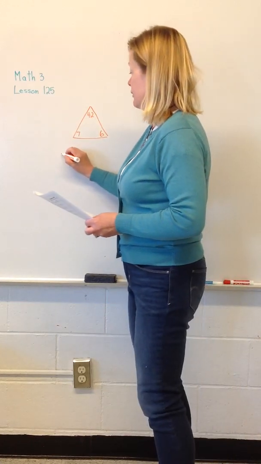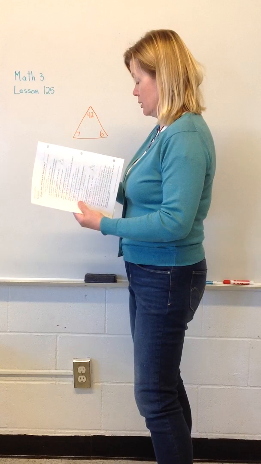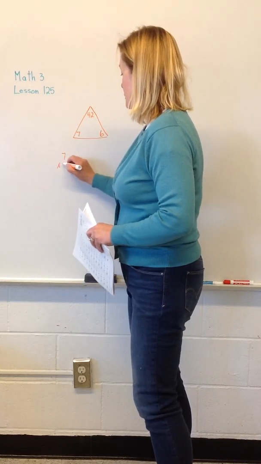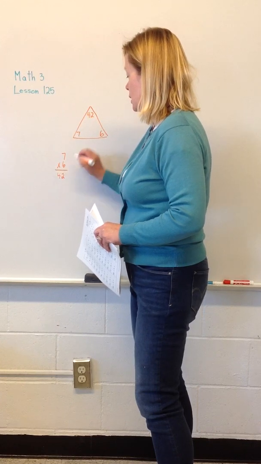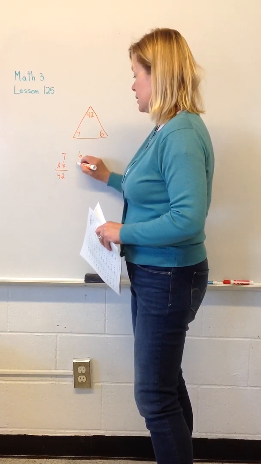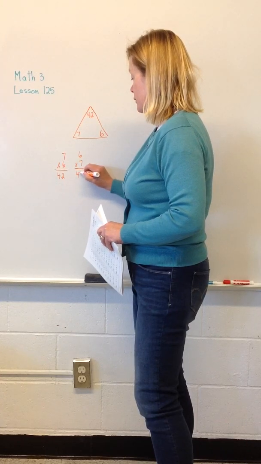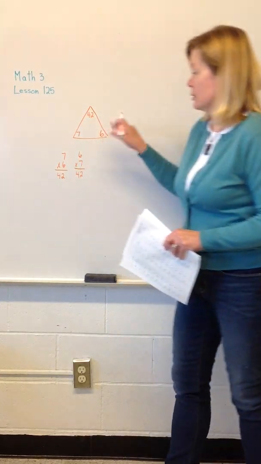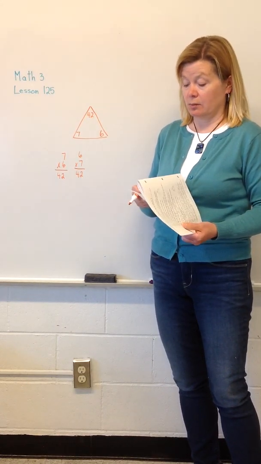So we can write 7 times 6 equals 42. And we can also write 6 times 7 equals 42. Now we need 2 division facts.